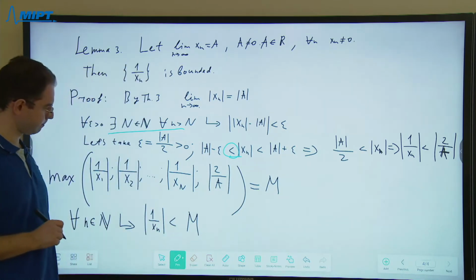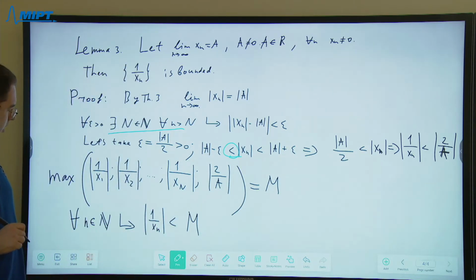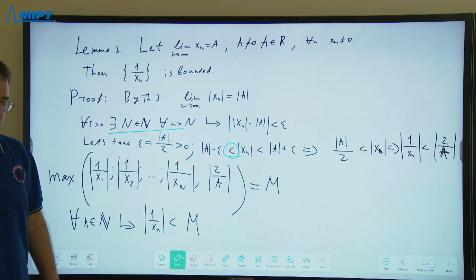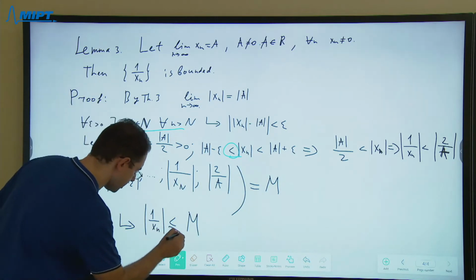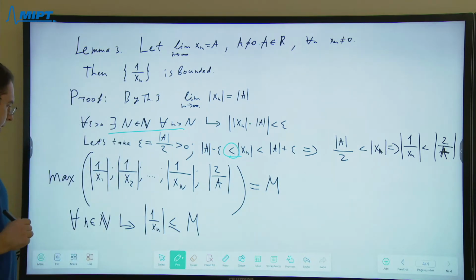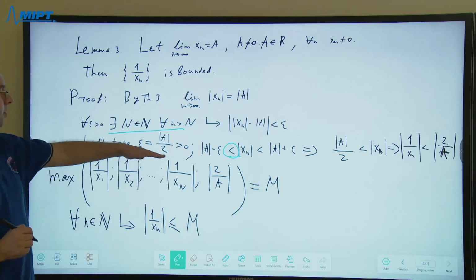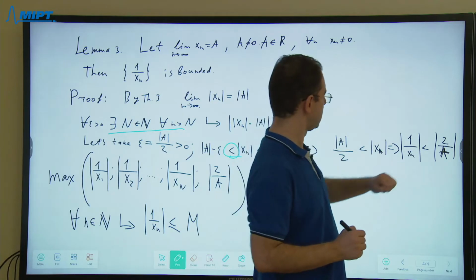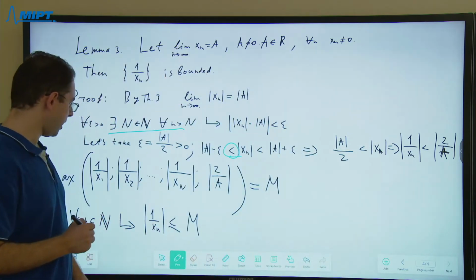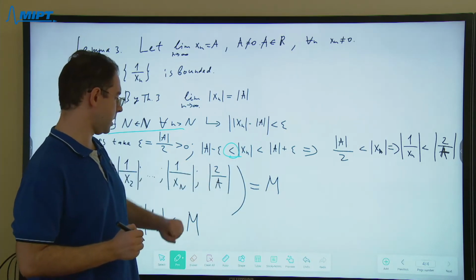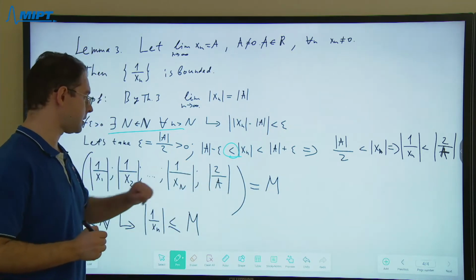Indeed, if small n is greater than capital N, yes? Less or equal. Thank you very much. If small n is greater than capital N, by virtue of these inequalities, and also M being not less than 2 divided by a, I have this statement.